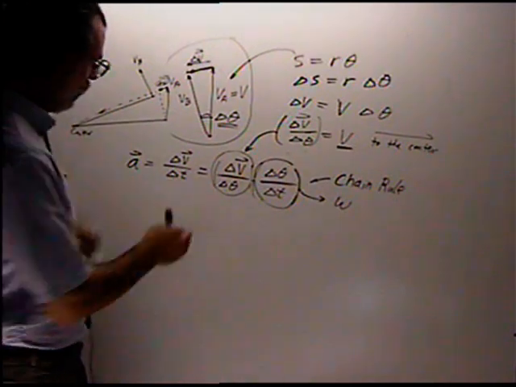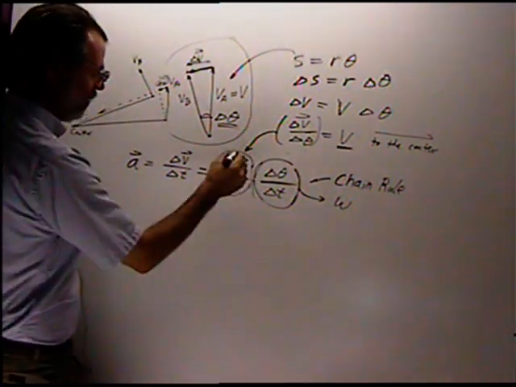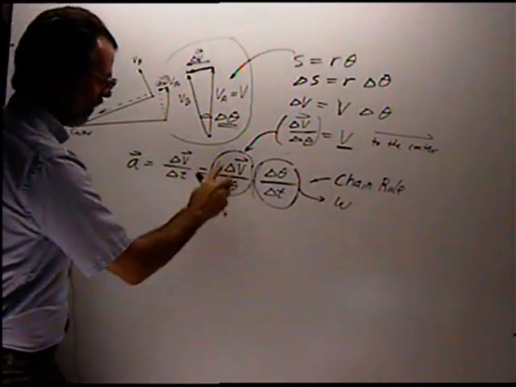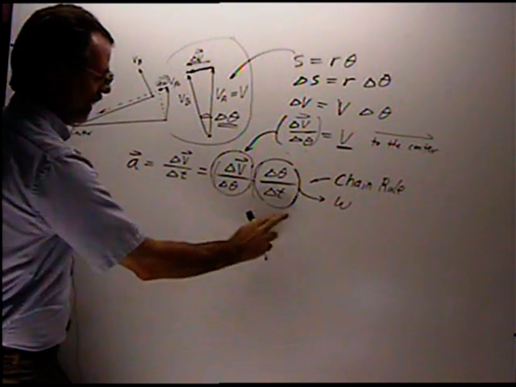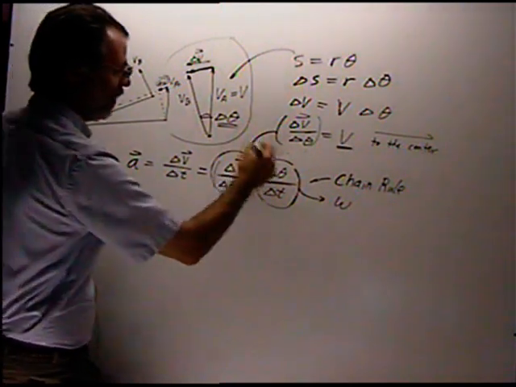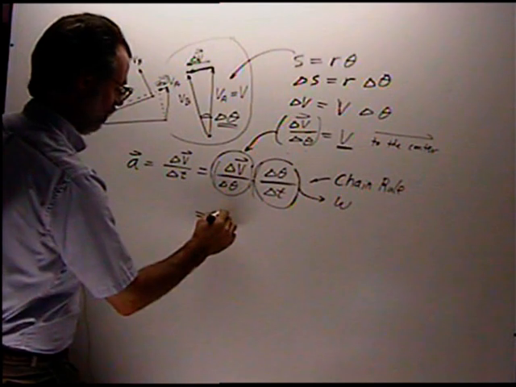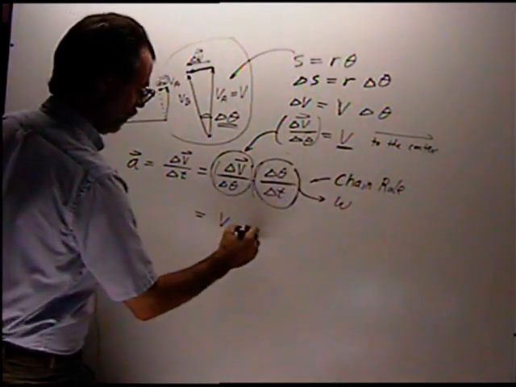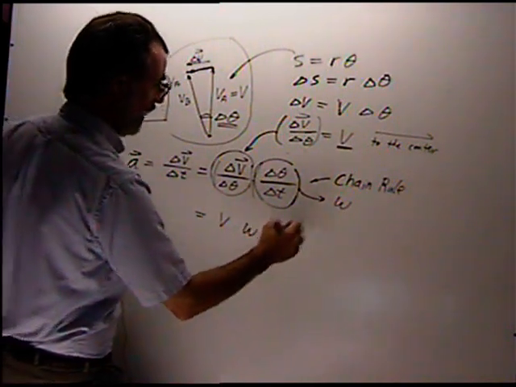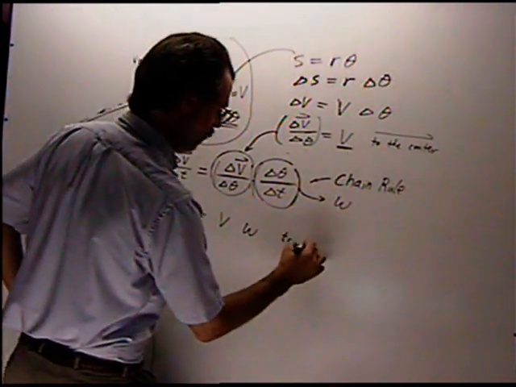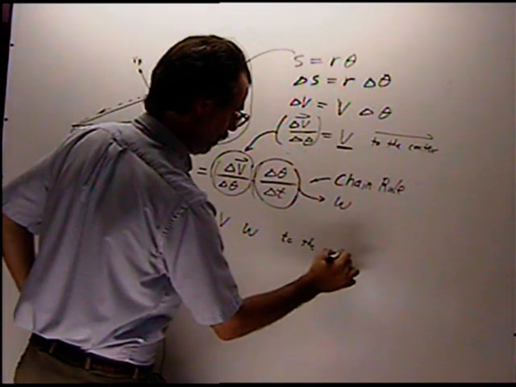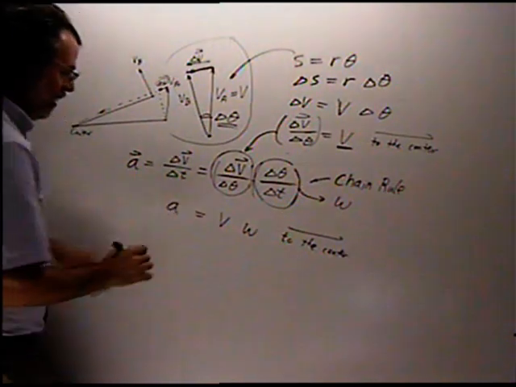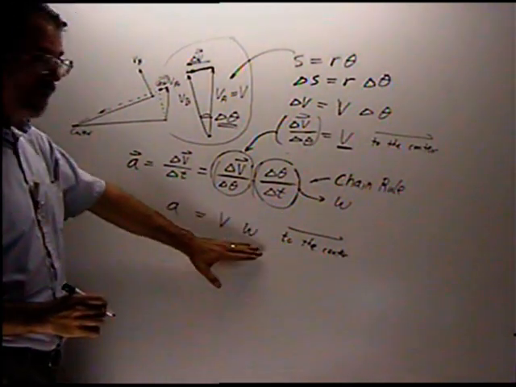So let's come down here. We're going to plug this into here. Remember, for acceleration there are two terms: this delta V over delta theta term and this term. This first term we now know is numerically equal to V. This is numerically equal to omega, and the vector quantity is to the center. So the acceleration is V times omega. Now what is omega?